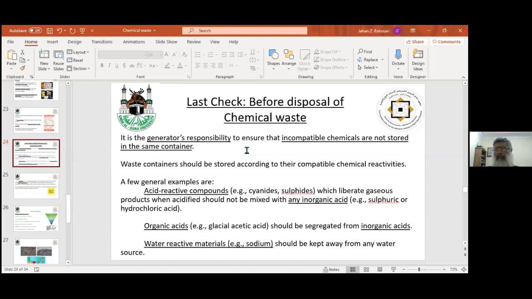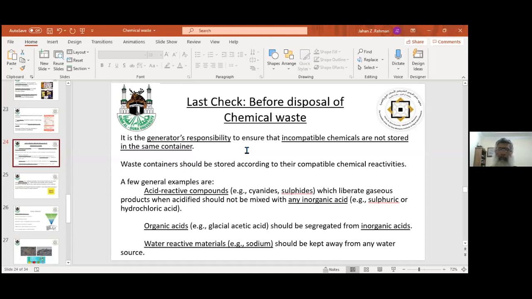They will take it to their facility, treat it, or recycle it, and the part which cannot be further recycled or treated they will dispose of in a specific facility. At the end it goes back to the environment. There is a long debate about whether there is proper treatment or not, but I don't want to go into it, because our topic is disposal inside the lab.